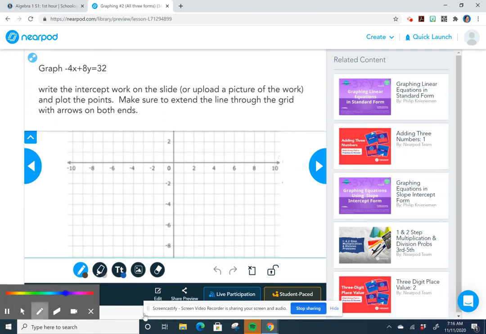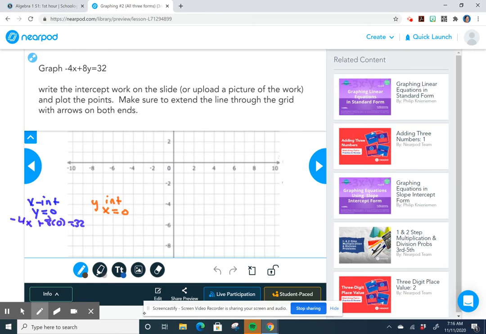Now for this problem, you're going to have two mini problems. You want the x-intercept, and that's when y equals 0. And then you want the y-intercept when x equals 0. So all you're doing is plugging into the equation until y is 0.